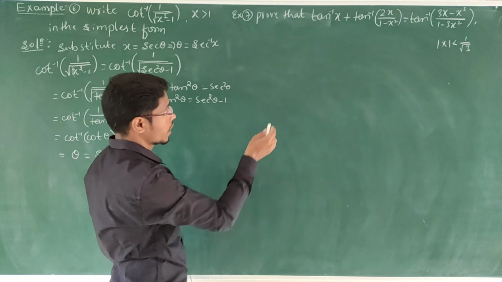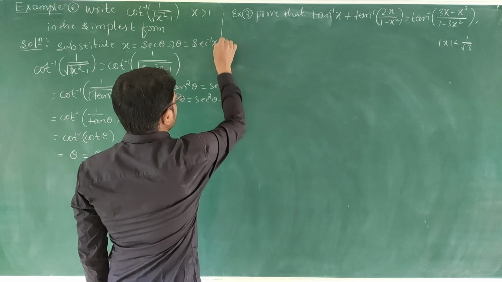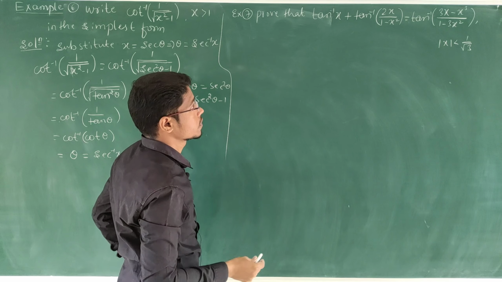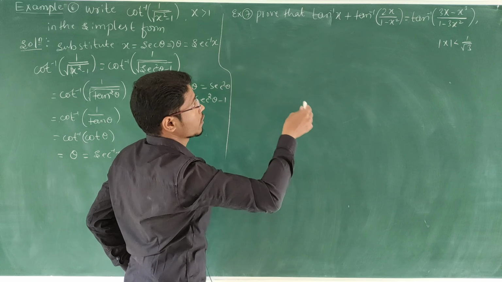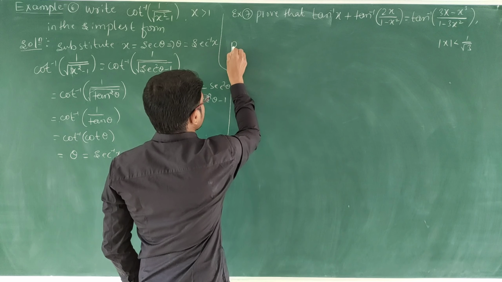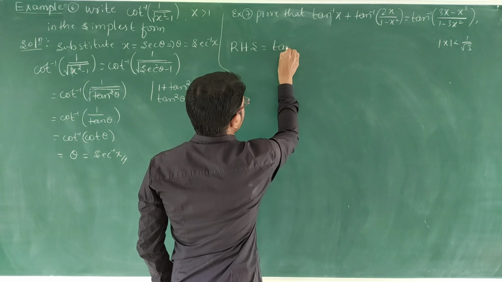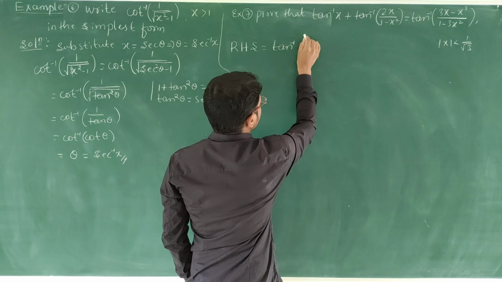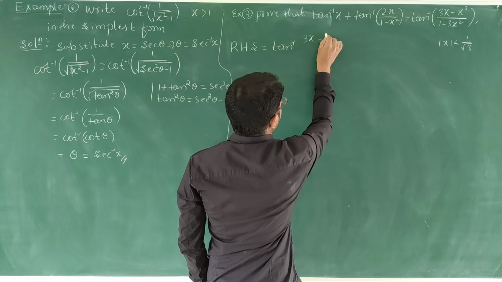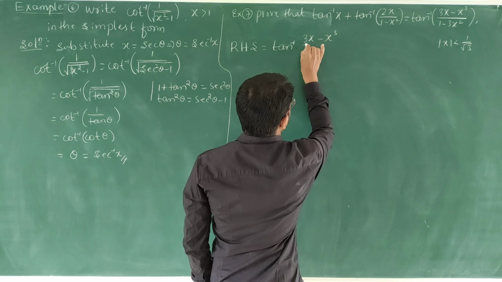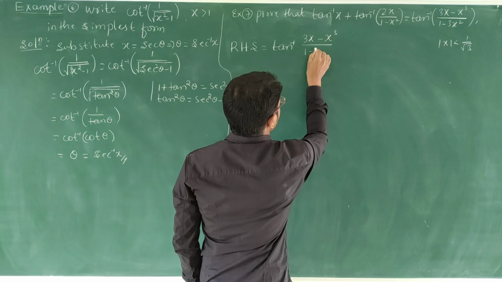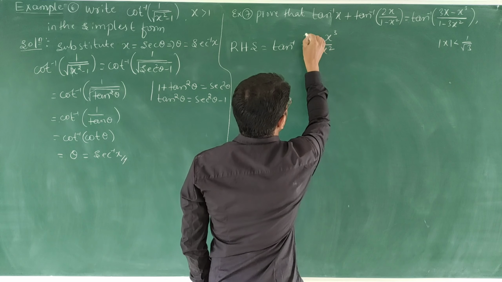Next, prove that. We have to prove this. For this I will take the RHS, which is tan inverse of 3x minus x cube divided by 1 minus 3x square.